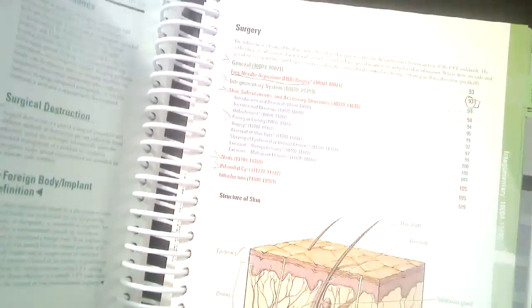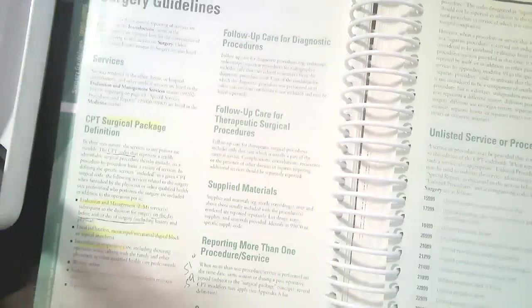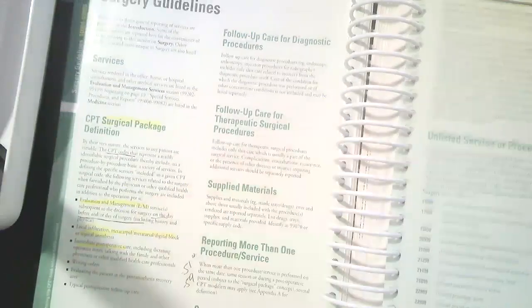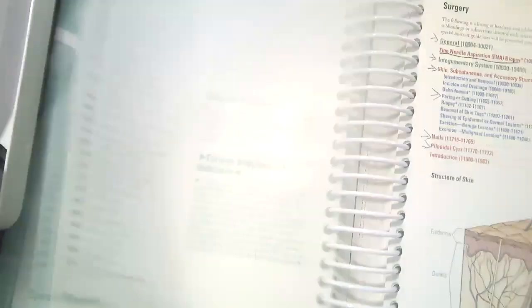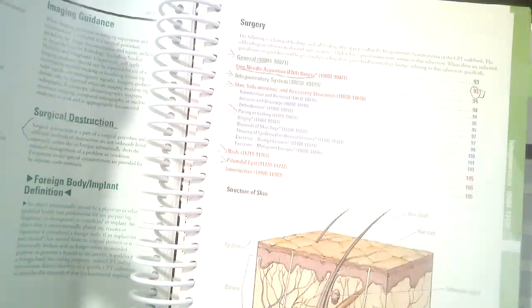But the table of contents starts on 91. The surgery guidelines are the pages prior, which we went over in another video. If you have not looked at these, you definitely need to. They are very helpful, and they do apply to both of these sections as well as all of the surgery sections we're going to look at.